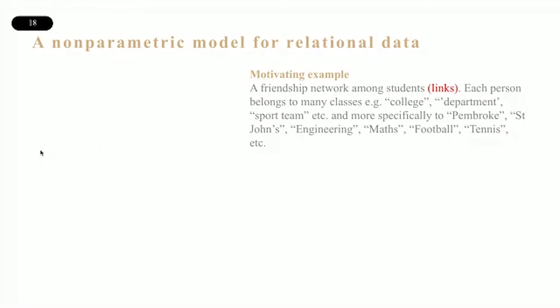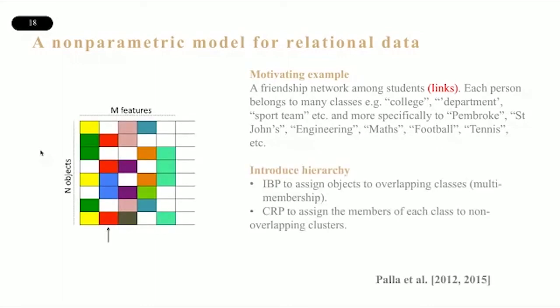Classes are the upper level of the hierarchy, while clusters are the lower level of the hierarchy. The classes are the college, the department, the sport team, while the clusters are the more granular way of representing each class: Pembroke and St John's for the college, the engineering and the MAMS for the department, and for the sport team, the football, the tennis, the volleyball, and so on and so forth.